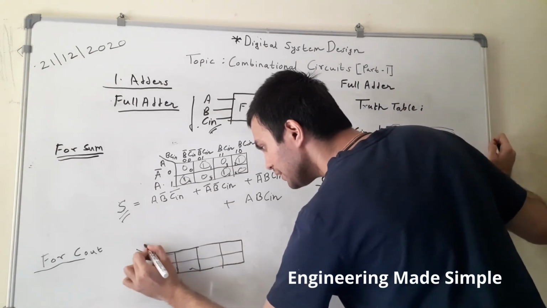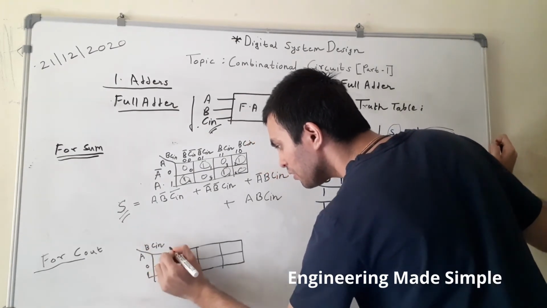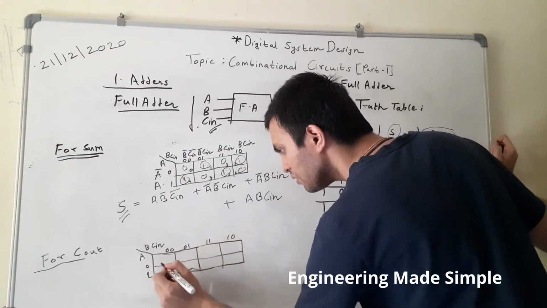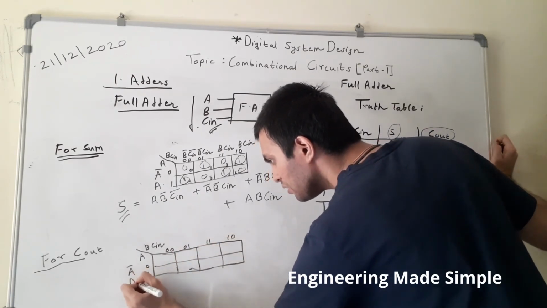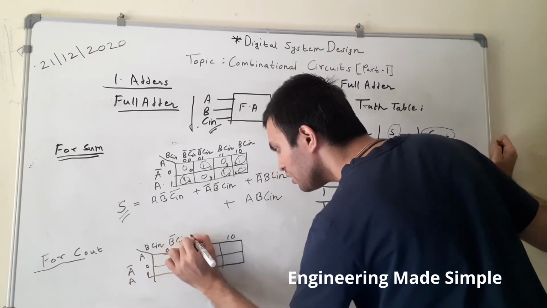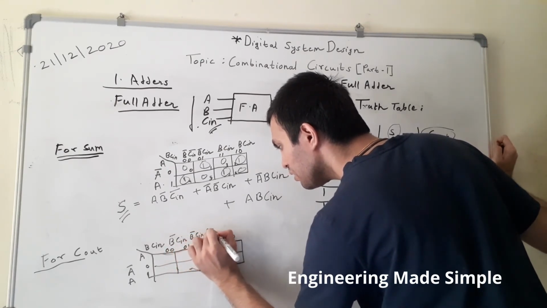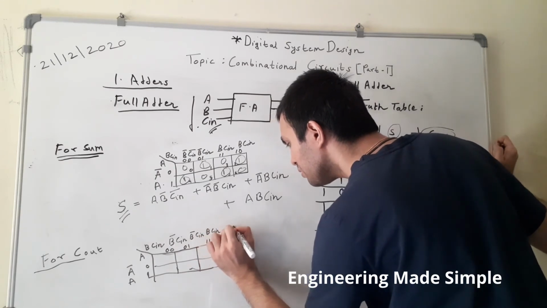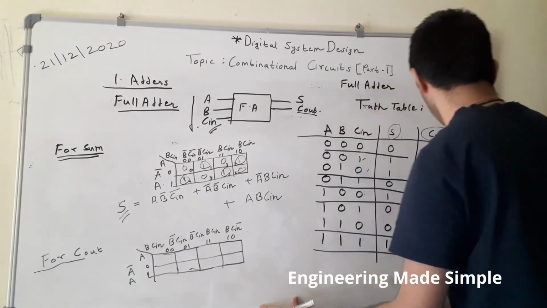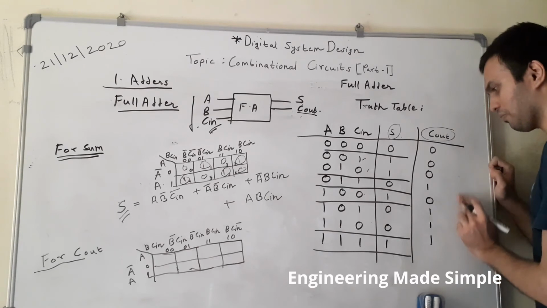This will be A, this will be B, C in. Now let us start filling the K-map from the C out output column.